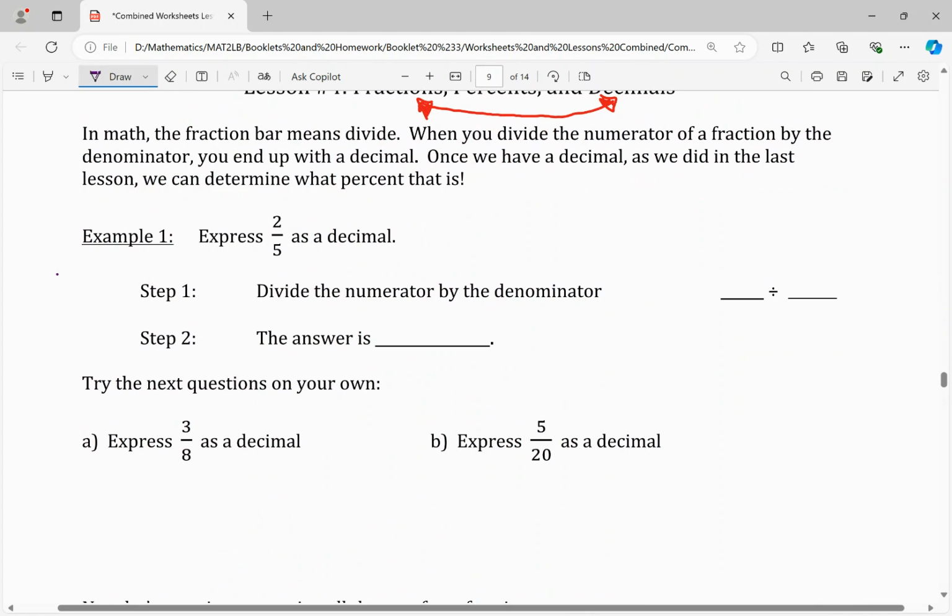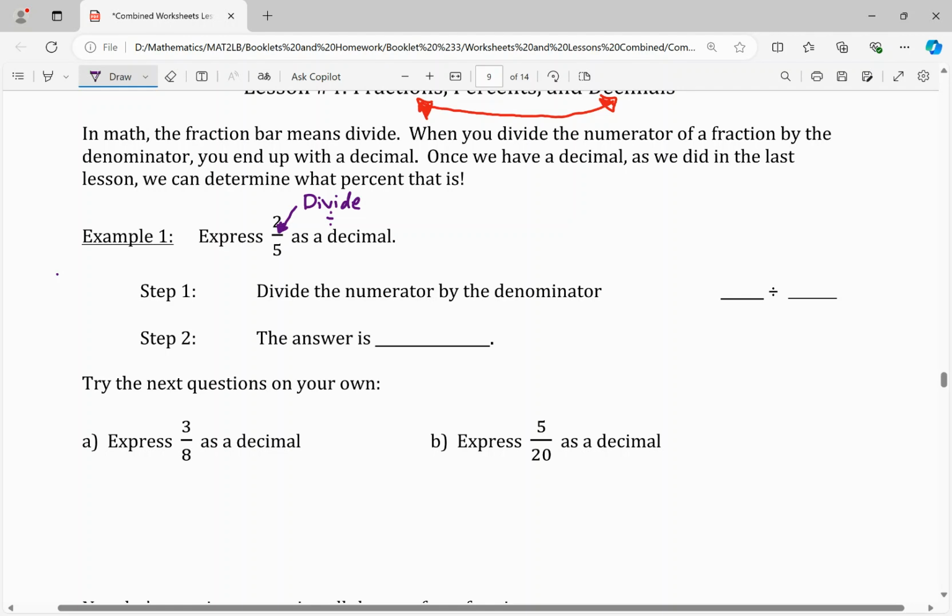So in math, the fraction bar, this horizontal bar between the 2 and the 5, means divide. When you divide the numerator, the number on top, by the denominator, the number on the bottom, you end up with a decimal. And this decimal can be used to represent a percent.